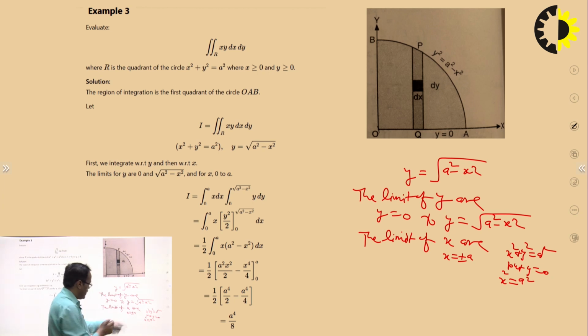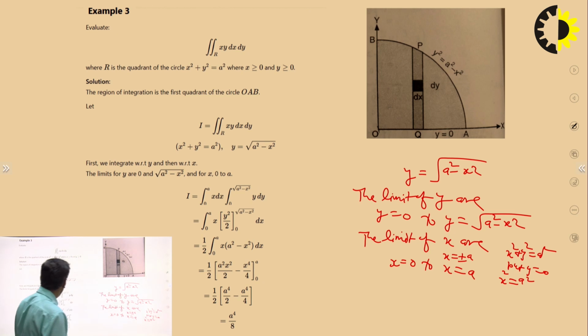The limit of x is from x equal to 0 to x equal to a. The limit of x is 0 to a, and the limit of y is 0 to under root a square minus x square.